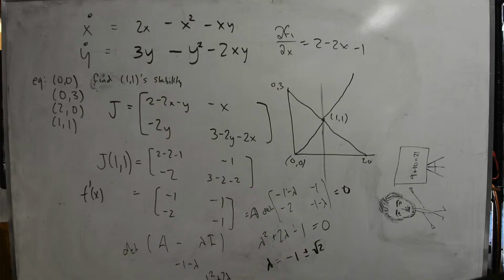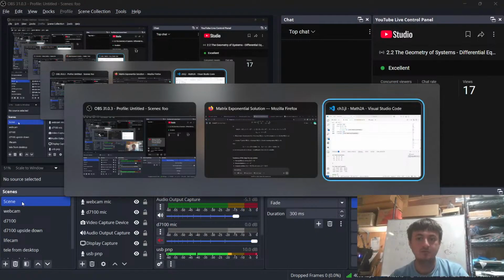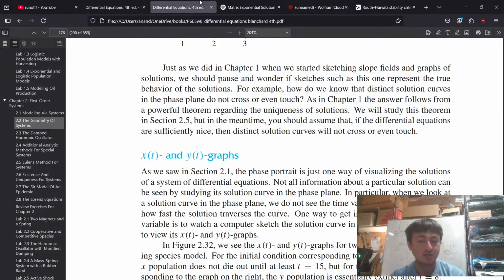Okay. And since one of those is positive and one of those is negative, it's unstable, because if any of them are positive, then it's going to explode. All right, so that's a simple linearization. I think I get it. Not that I'm ever going to have to do this on this quiz, but I do kind of like knowing that I could check the stability if I needed to.